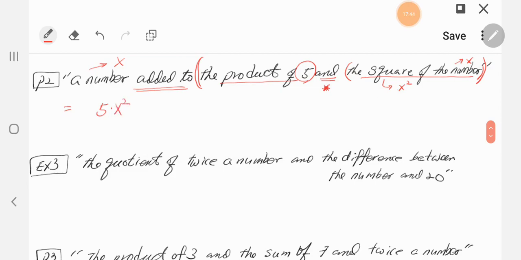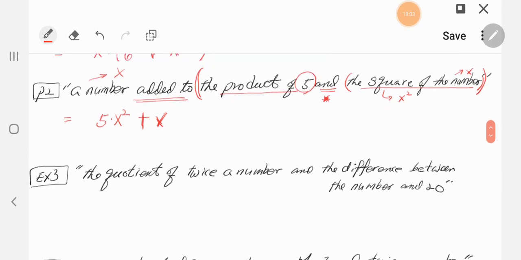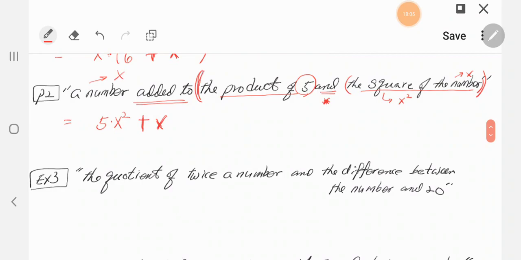So a number added to b. So write down the second expression, which is 5x squared, plus what? x. So x added to 5x squared. Special case, remember special case: added to, or subtract from, then write down the second expression first.